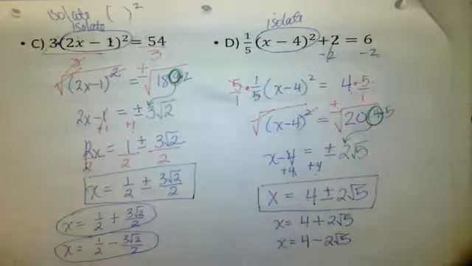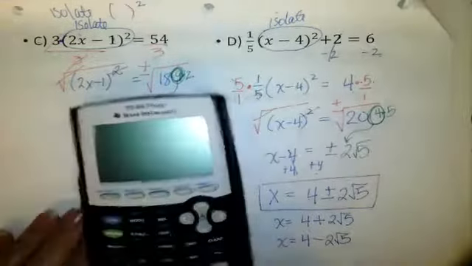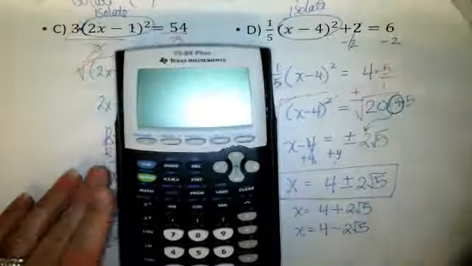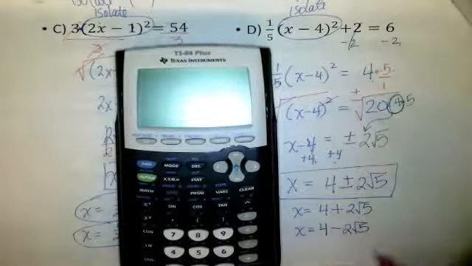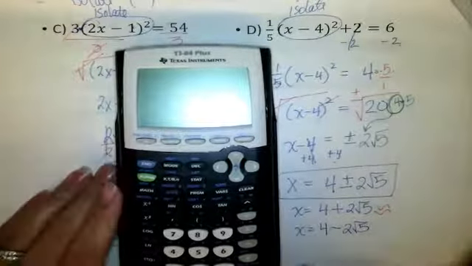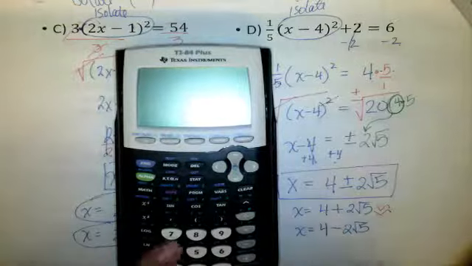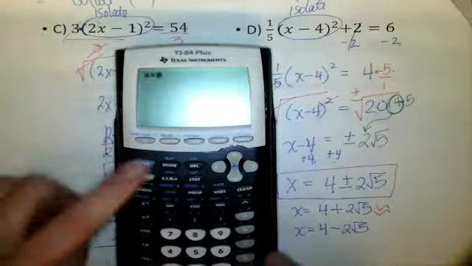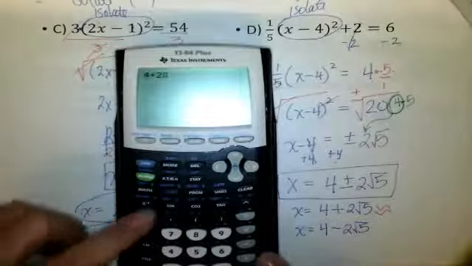What you're going to do with your calculator, it works with a scientific one as well, any of them, is get a decimal approximation. I'm going to do it two different ways. First, the decimal approximation way. So we're going to type in 4 plus 2 radical 5.